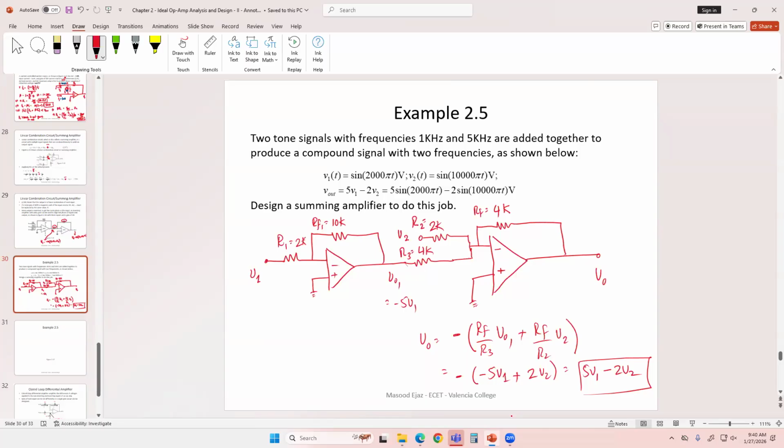Make sure not to do one thing. Sometimes I give a problem like this, and what students do is they put a summing amplifier. So they do this usually.